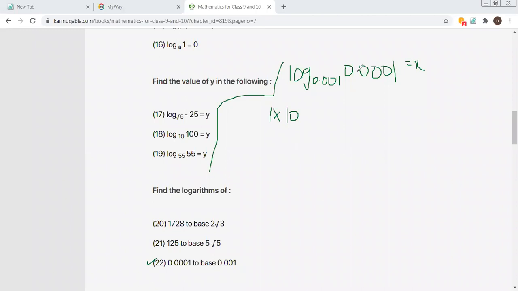Class, these are the 3 zeros. Okay, I'm shifting here, so it becomes 1 power minus 4. Is there any confusion?